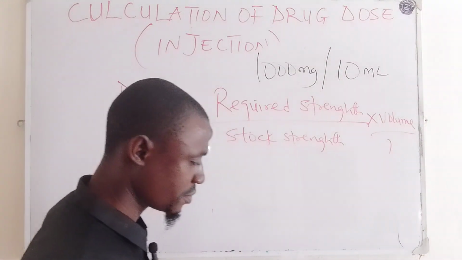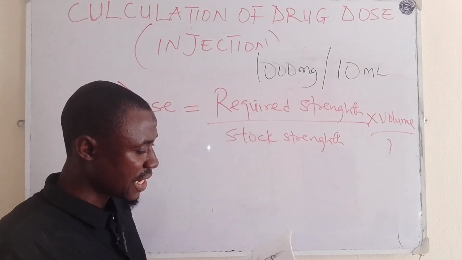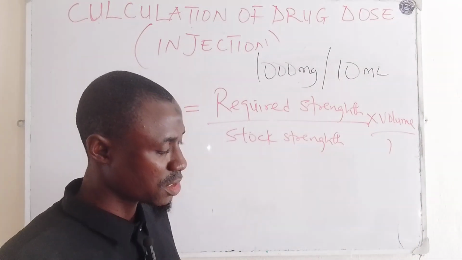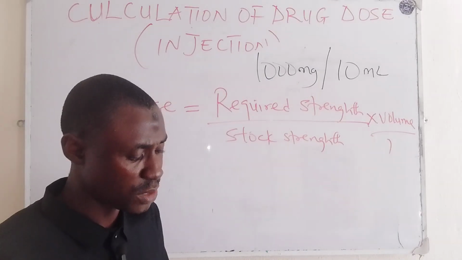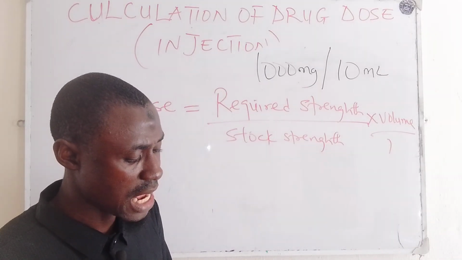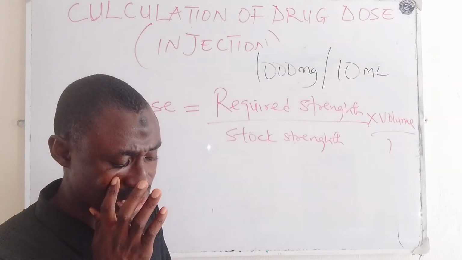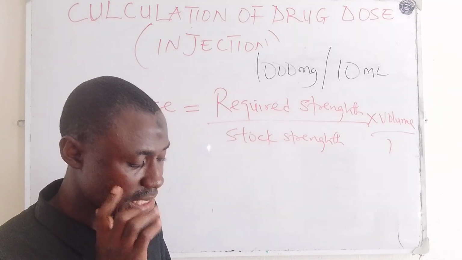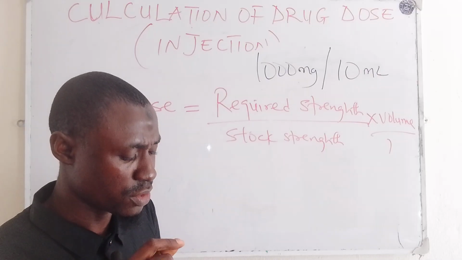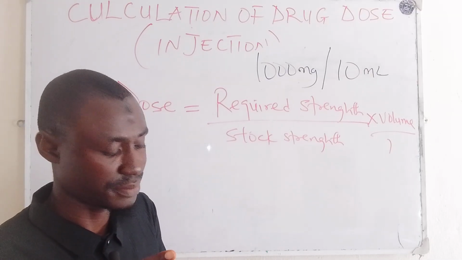Now let me read it. A 6-year-old baby was rushed to a facility with a history of febrile convulsion that has been on and off for 24 hours. The child is to be administered paracetamol and diazepam injections. Calculate the amount of these drugs you will administer to the baby in ml.